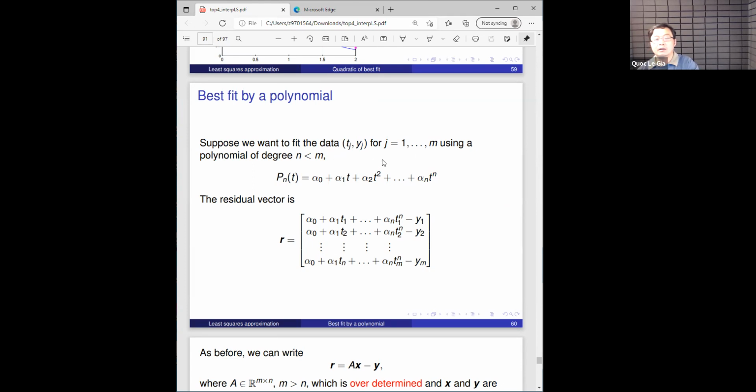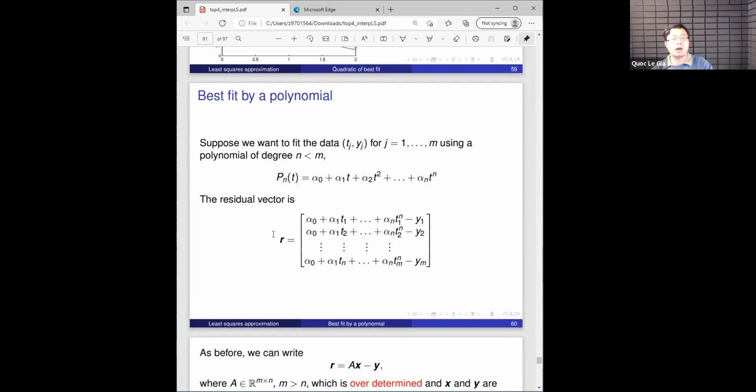But if you say m equals n plus 1, then it's still the same. You have one more point than the degree of interpolation. The degree of interpolation is n, then m is n plus 1. It's the same as having m points and n equal to m minus 1. So anyway, now we go back to this.